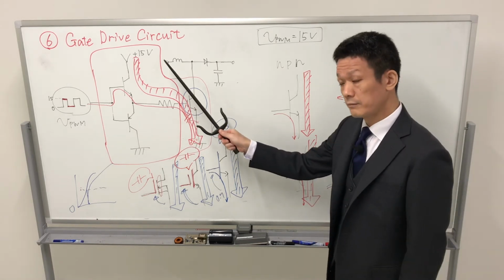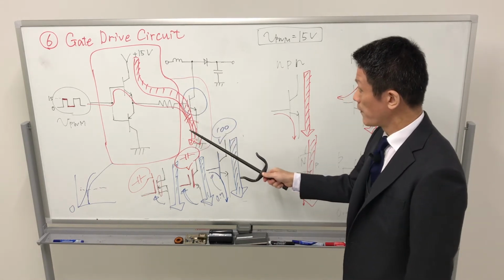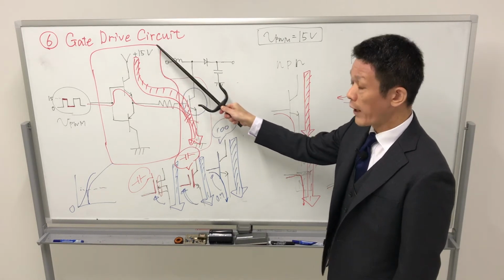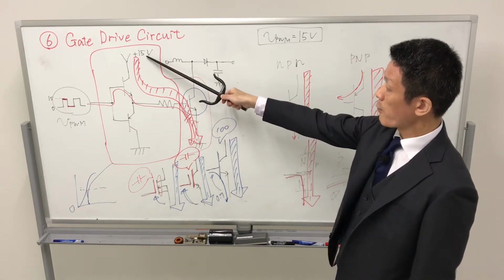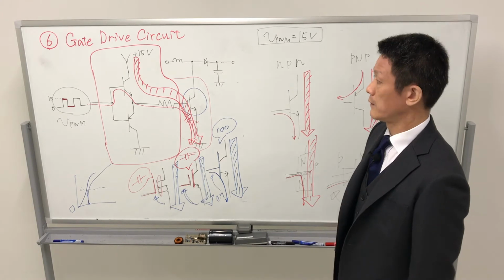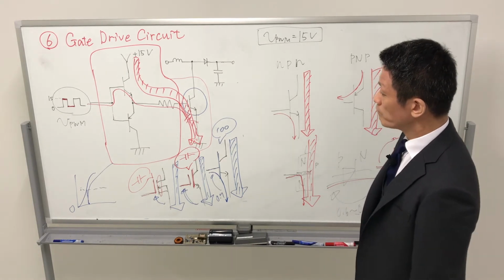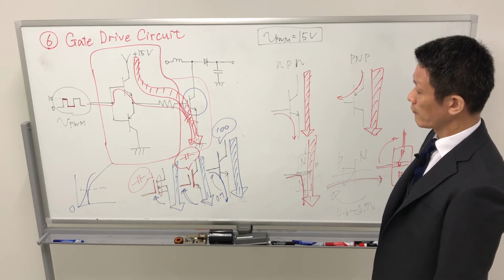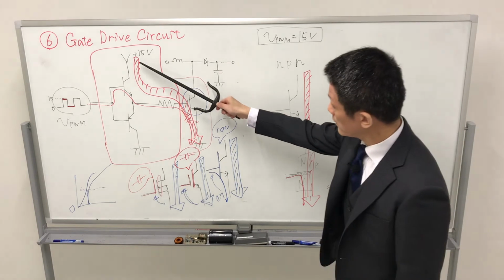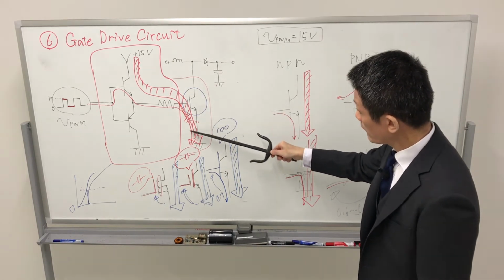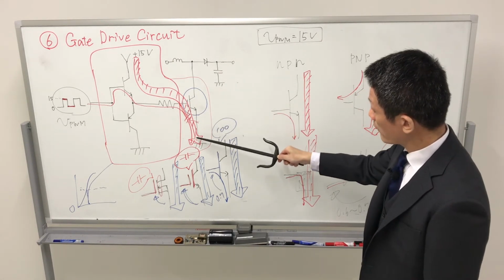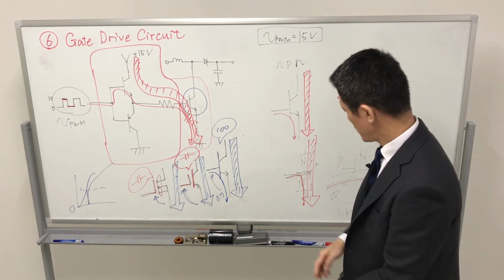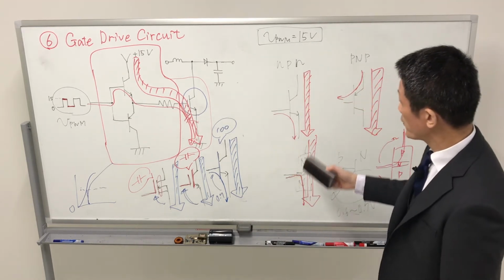High current flows from the power source line, the power supply system, along that red line. Please analyze this equivalent circuit.